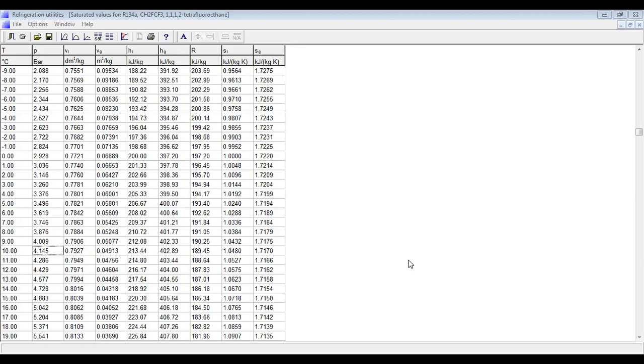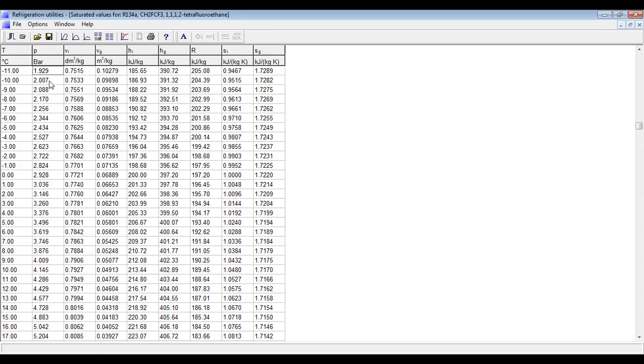At 2 bar, we have 2.007 at minus 10. So I will put here minus 10 degrees Celsius.